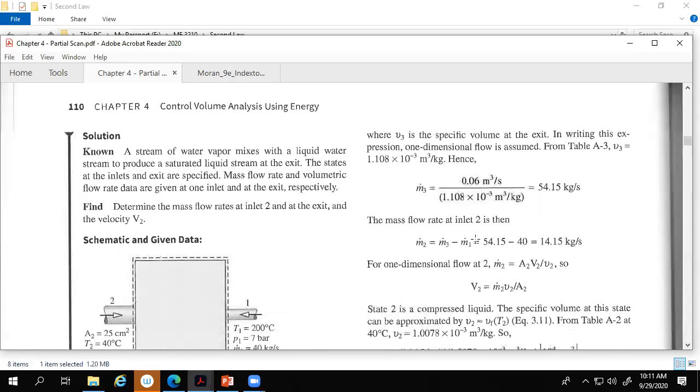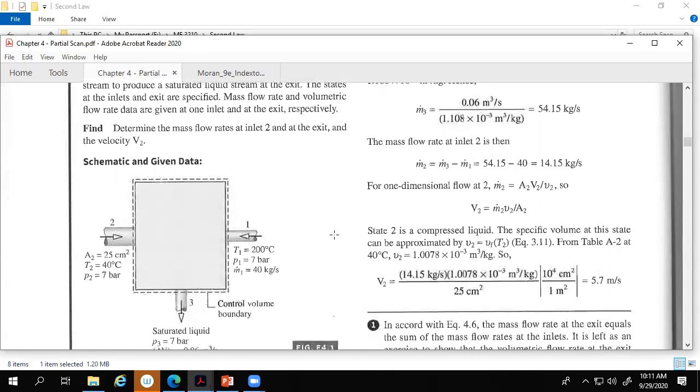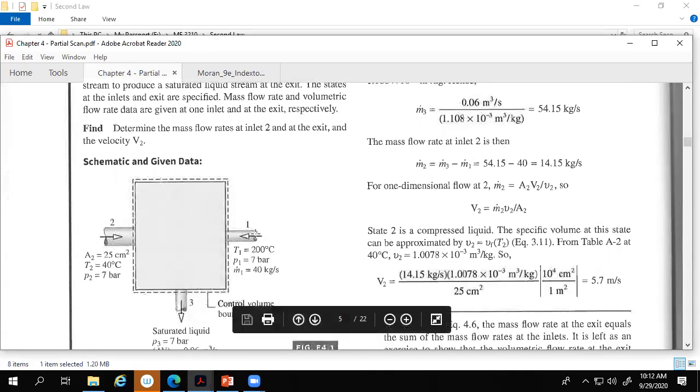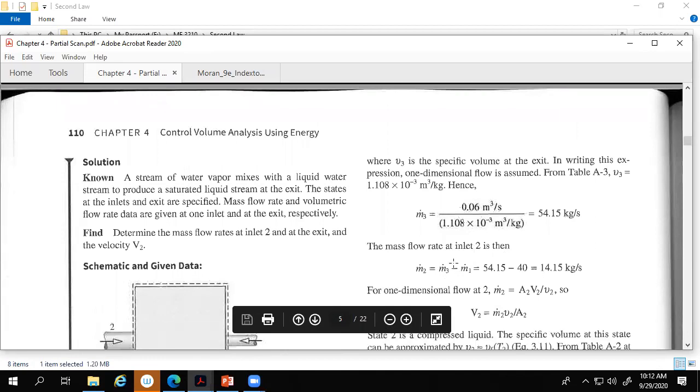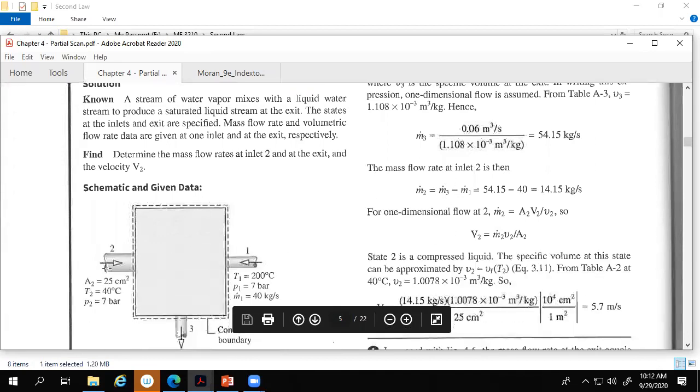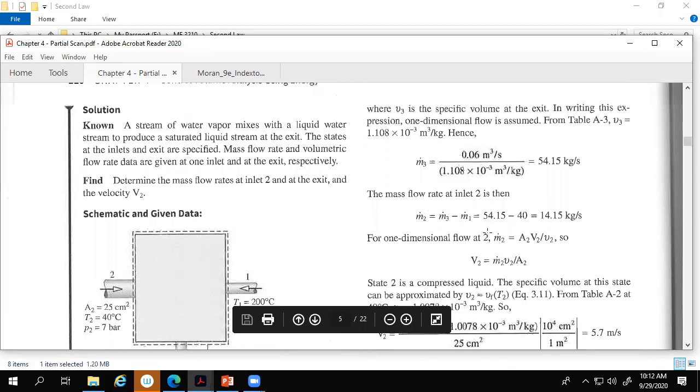Well, so I've got 40 kilograms per second of steam coming in, and I've got 54.15 exiting. So the difference has to be m dot 2 coming in. So I just subtract those two, and I get 14.15 kilograms per second.